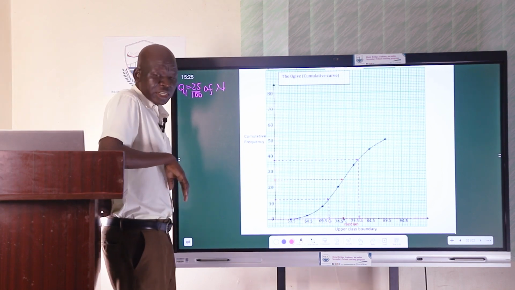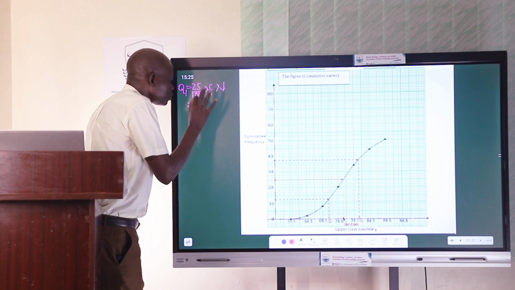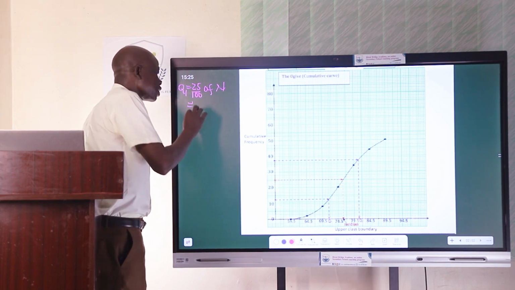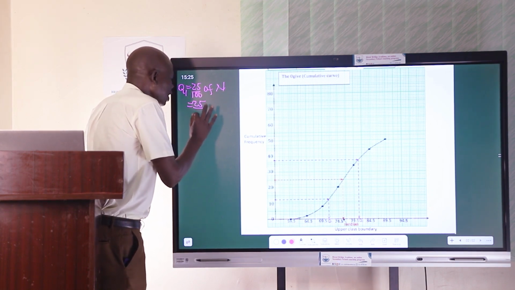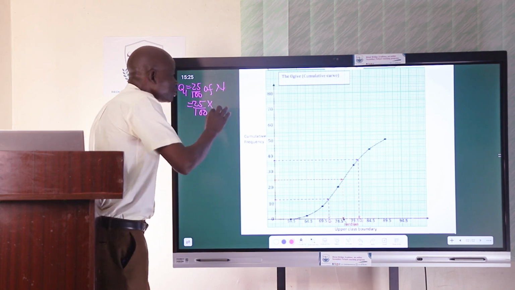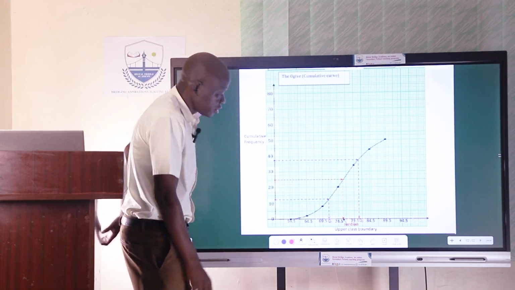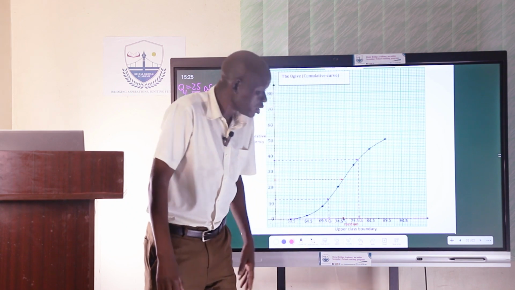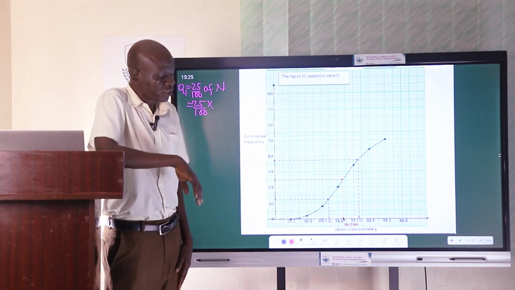Or N, where N represents the total frequency. So we shall have 25 out of 100 times N, which is the total frequency.